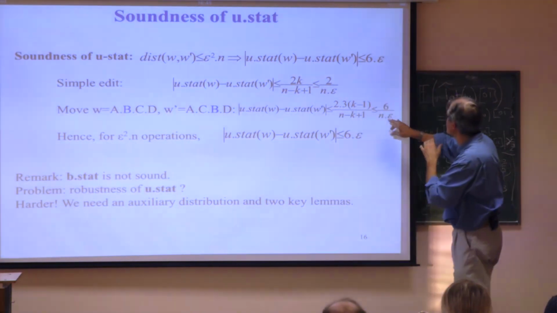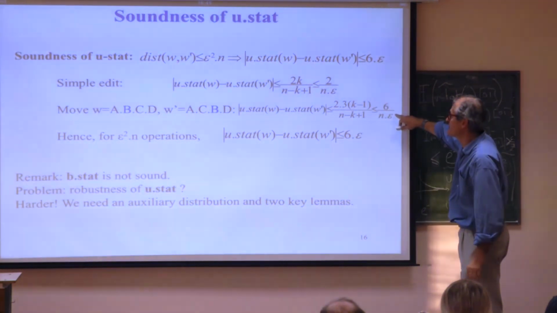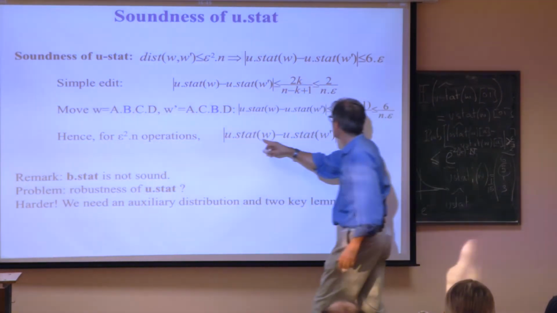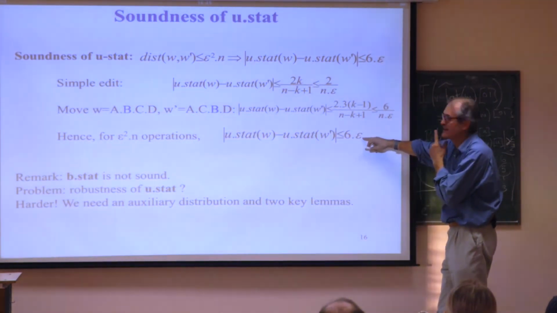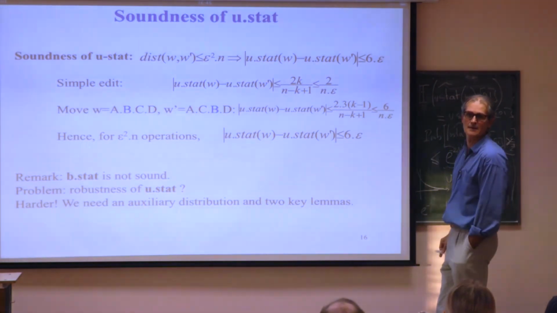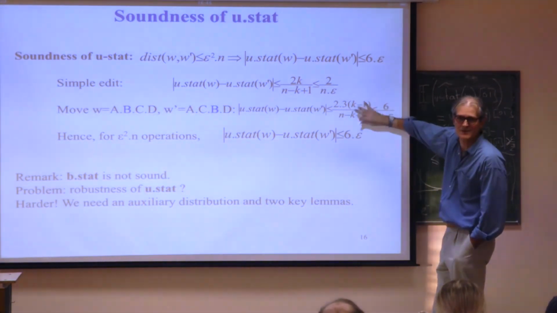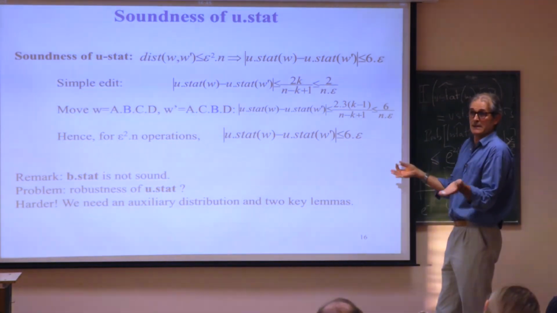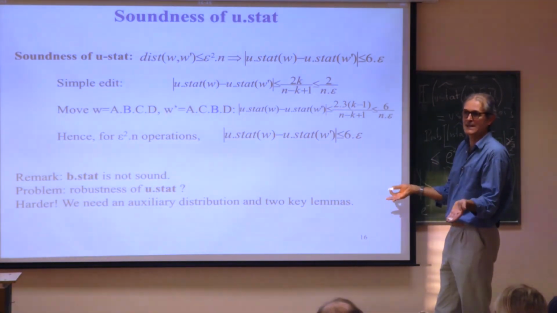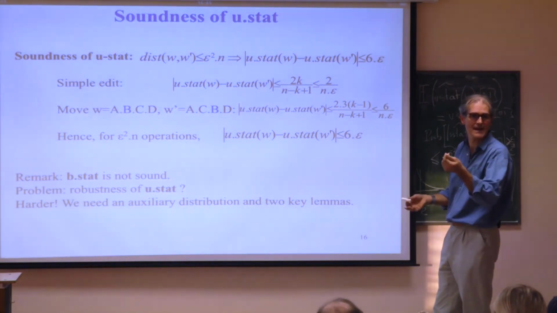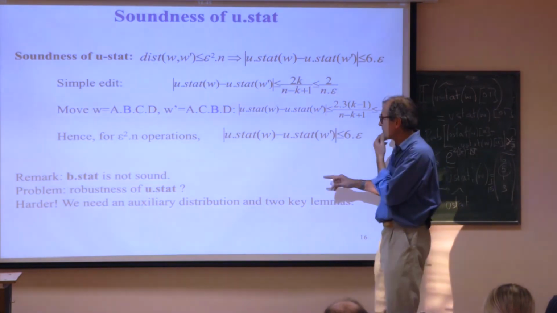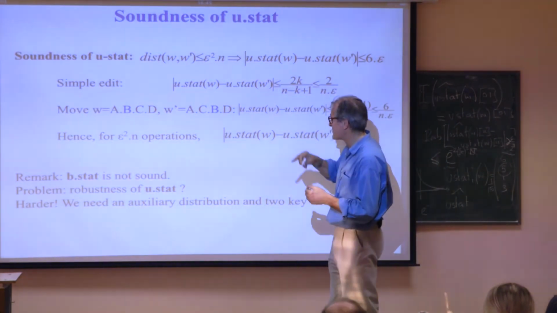So this is going to be bounded, and now if you do this operation, you end up bounding the Ustat statistics. You have to look at the variation, but I think it's very intuitive. Each edit operation has a small impact on the statistic vector. However, now the difficulty is doing the opposite.